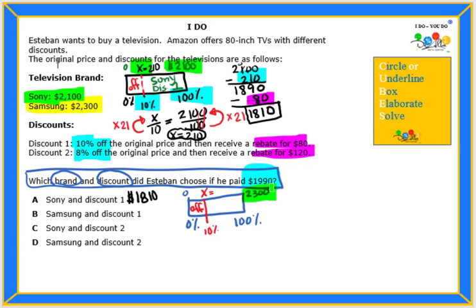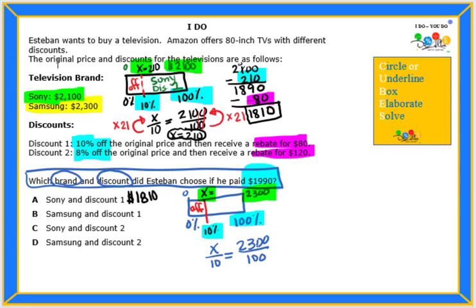So if its price is $2,300 originally at 100%, what would the discount amount in dollars be for 10%? Let's set up our proportion. X over 10 should equal 2,300 over 100. We have a very similar situation as we did above.